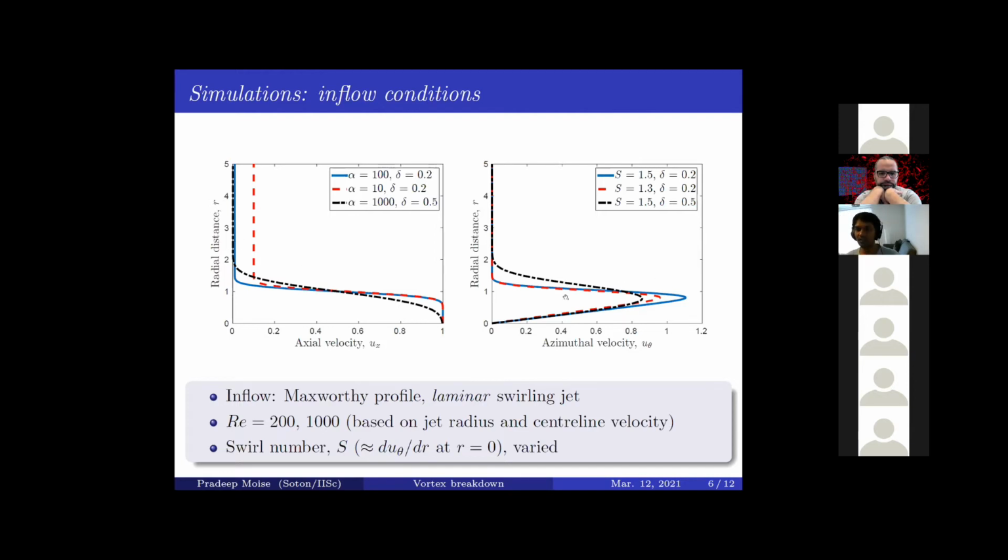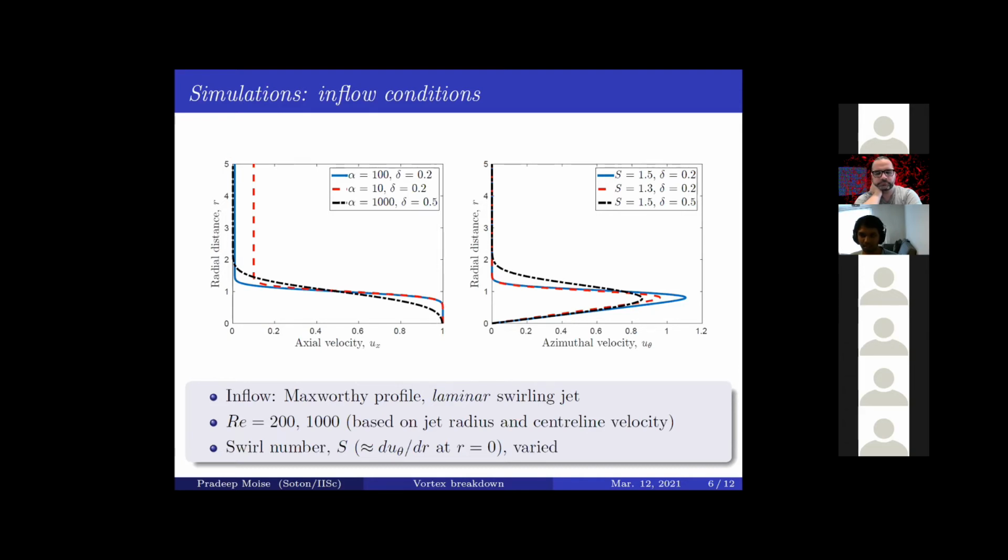And in addition to that, we now impose an azimuthal velocity component where you have a region in which u theta is proportional to the radial distance. And that's where the flow is behaving like a rigid body rotation. Whereas you again have a shear layer in this velocity component, and then it tapers to 0. So this is a non-dimensional profile. You use the jet radius as the length scale, and the velocity scale is the centerline axial velocity component.